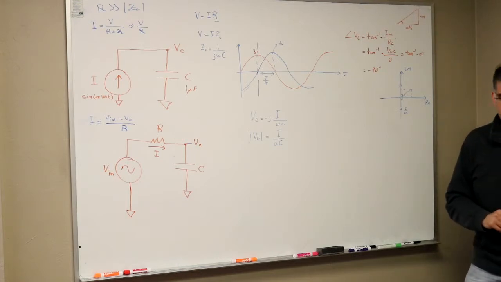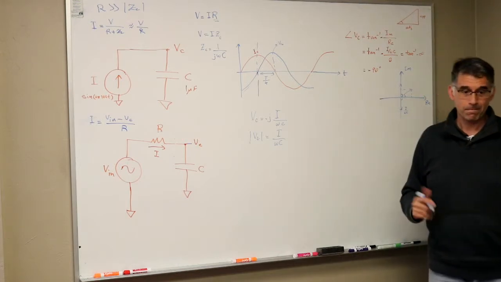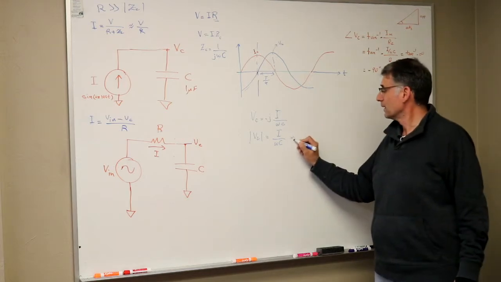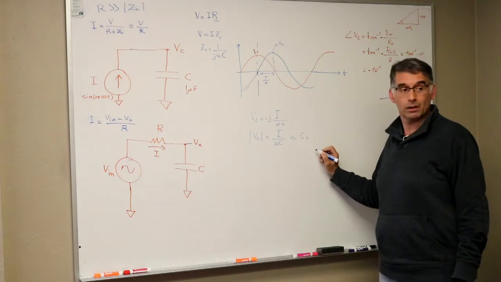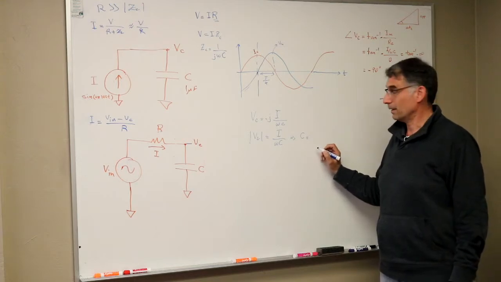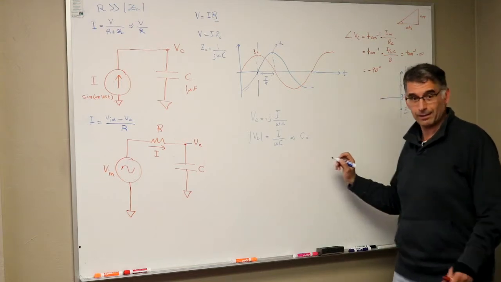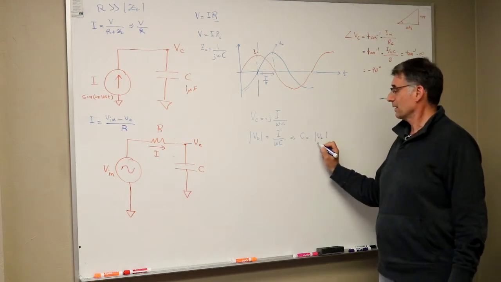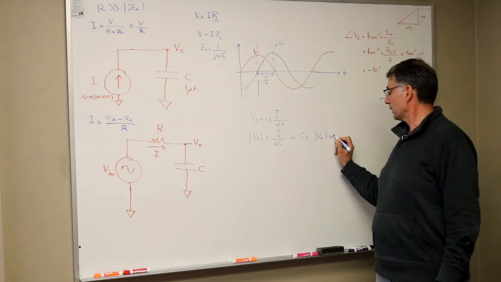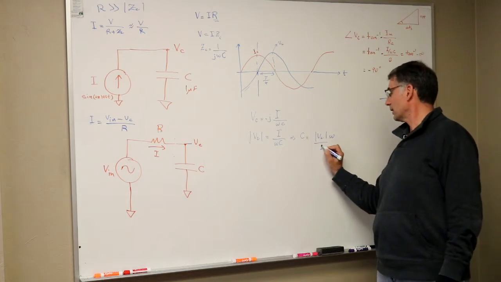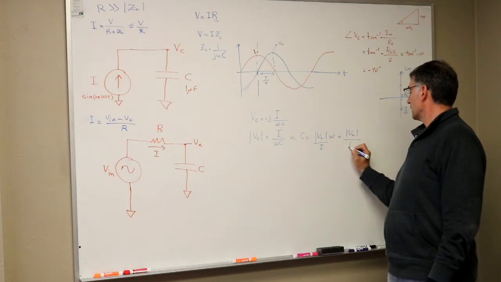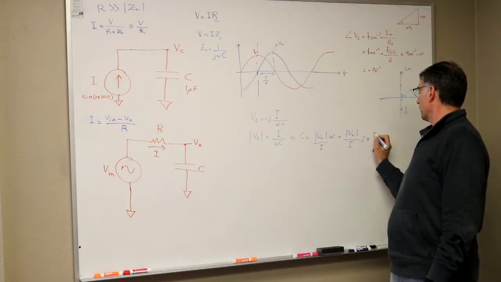You mean isolate for C? Yeah, solve for C. So C is equal to I over omega VC, or rather, just multiply by... C equals I over omega VC. And then omega is 2 pi f.